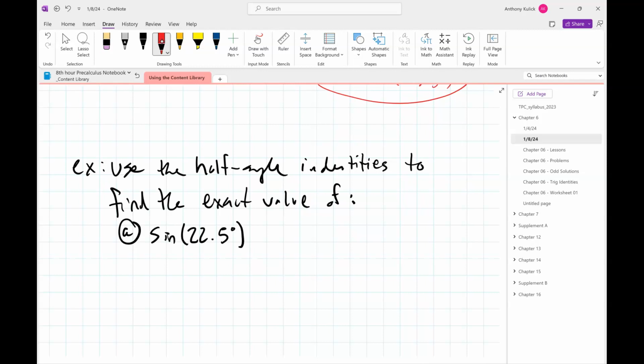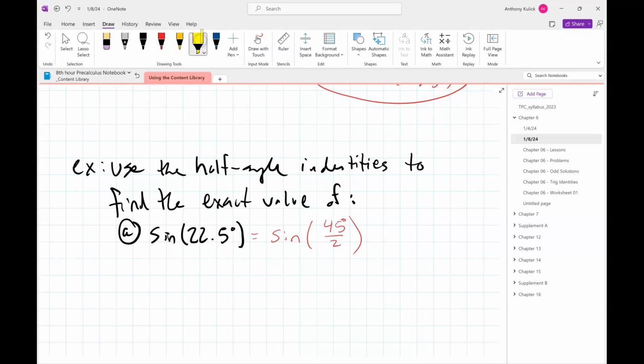First thing I want to do is take that 22.5 and rewrite it as half of some angle. Hopefully most of us wouldn't have too hard of a time realizing that 22.5 is 45 divided by 2. You could just multiply whatever the angle is by 2 and then put it over 2, and there's your half angle thing.